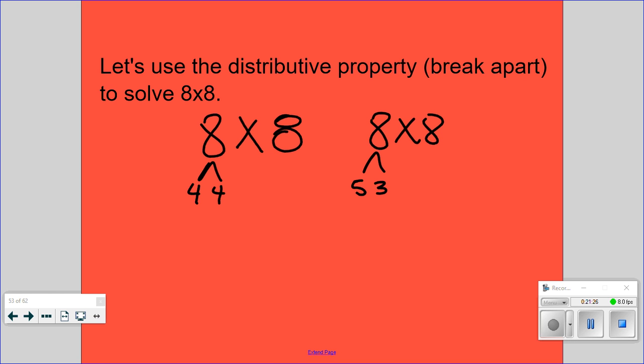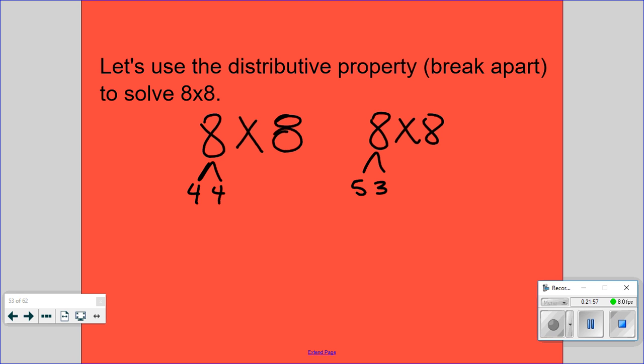I could do 1 and 7. I could do 2 and 6. These are all ways I could break apart this number. I'm going to let you choose. These two are likely the 2 easiest ones, so I would pick one of those 2. But however you want to do it. Break it apart. Solve 8 times 8.